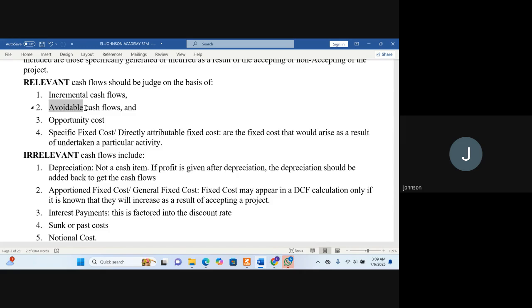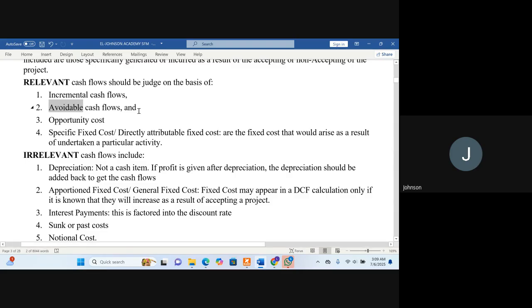Because you normally go to the island on weekends, and the student wants you to come on weekend. So that 5,000 naira, whether you accept the project or you don't, you will still pay it. So that kind of 5,000 naira is not relevant for you making a decision on the project.